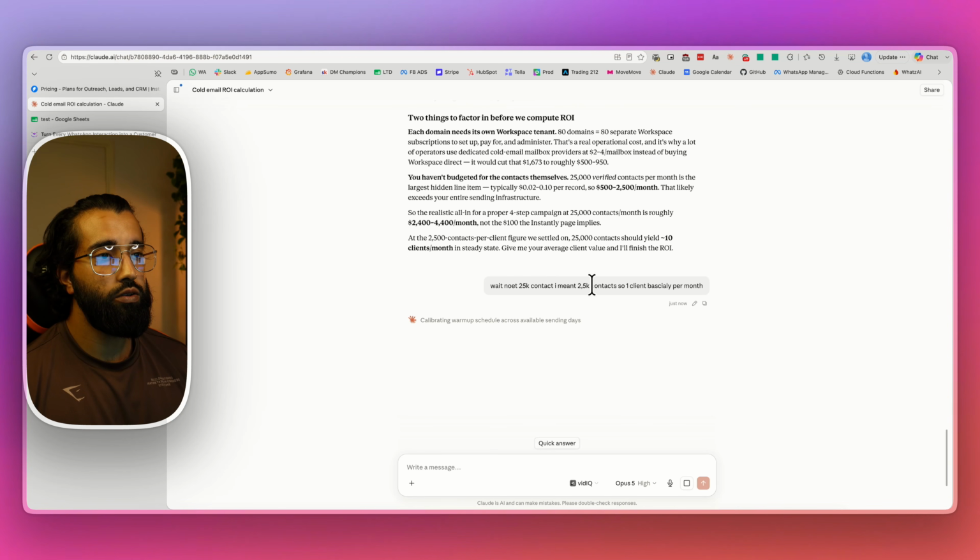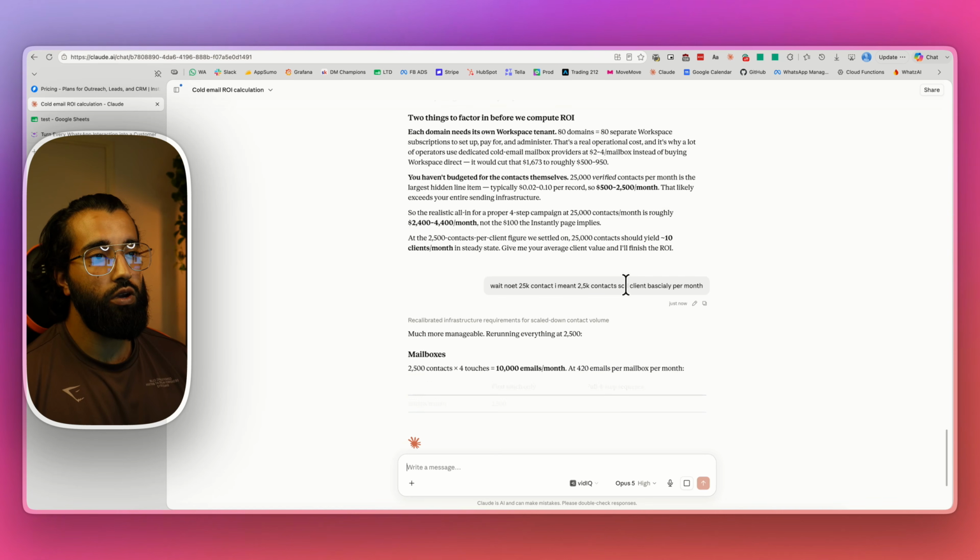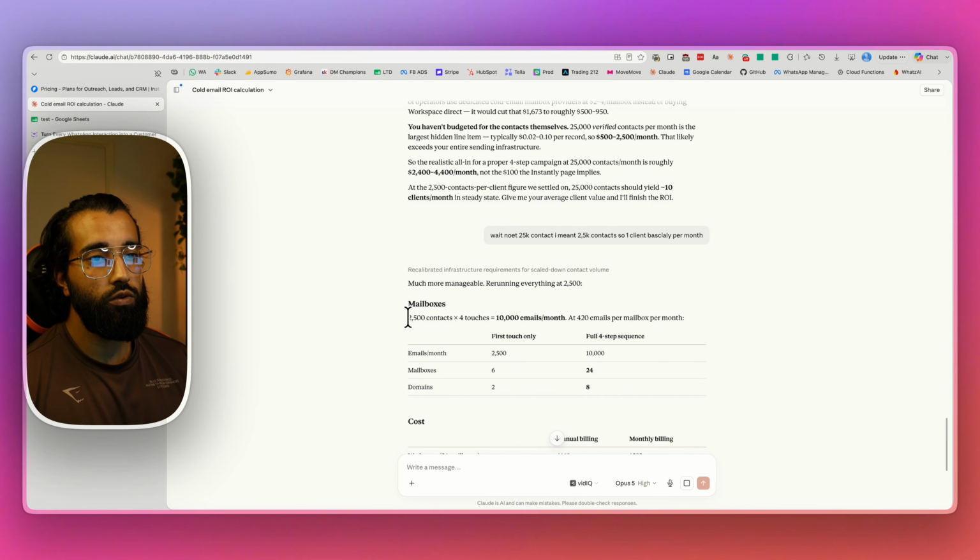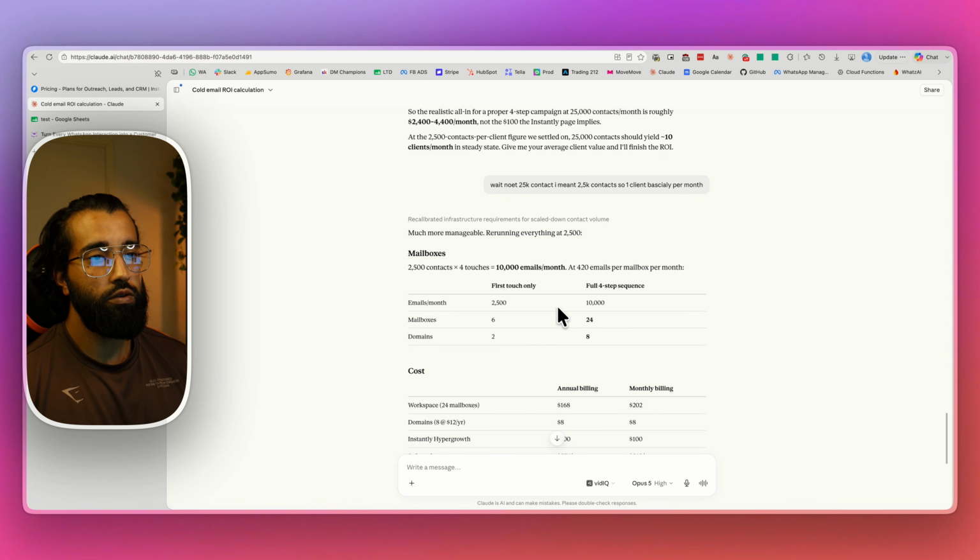So we're trying to calculate how much it would cost to get 1 client per month. So yeah, this is another thing: first touch only versus a full 4-step sequence. You definitely need a full sequence.